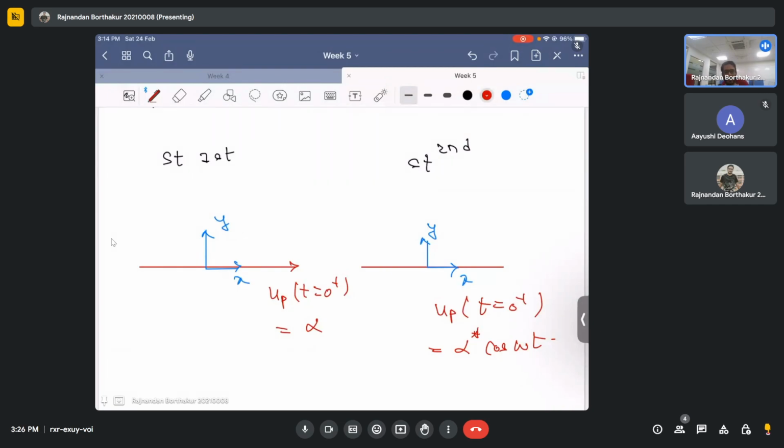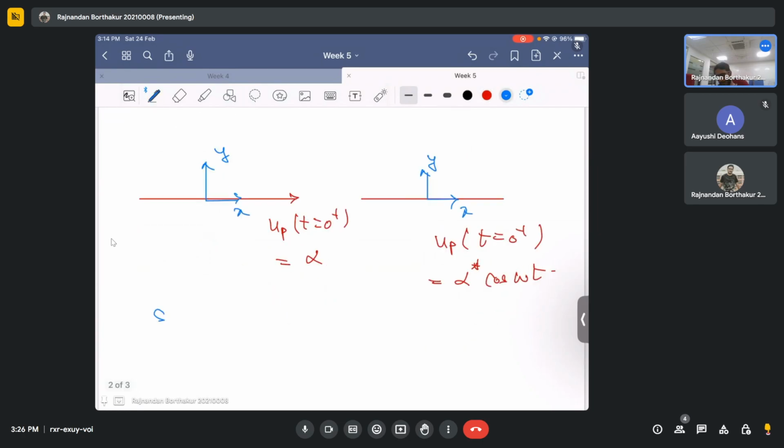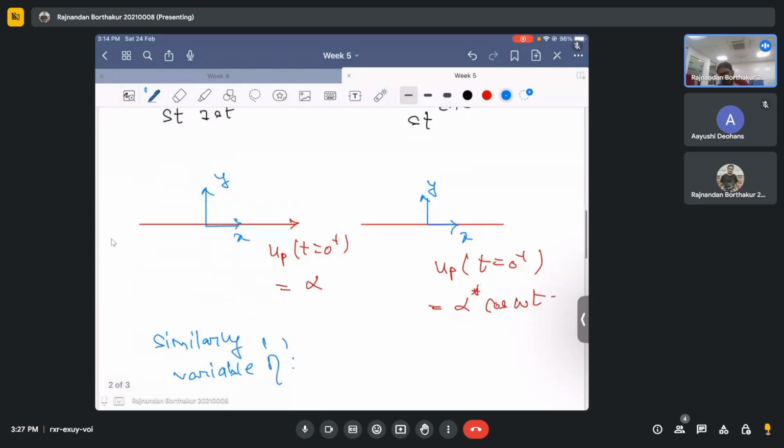Now, as you have rightly pointed out, we used a similarity variable here. Maybe you have defined some similarity variable eta or whatever you use. The symbol is immaterial. However, in the Stokes second problem, we use the variable separation technique basically.